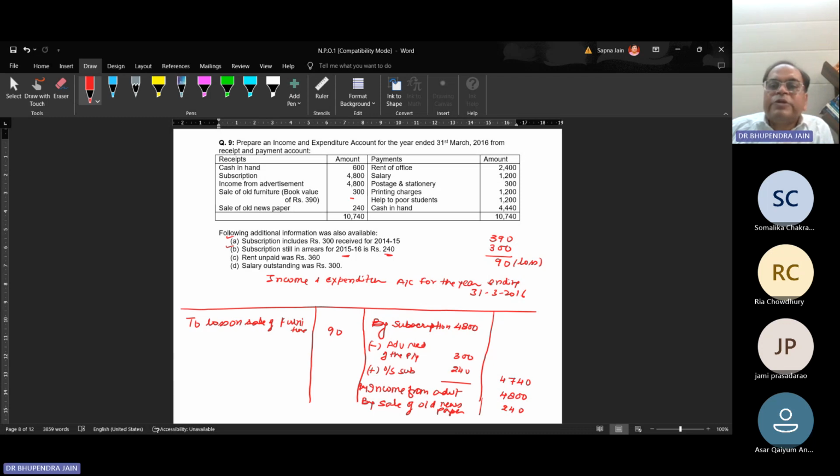Now let's see here. Rent of office 2400. Adjustment regarding rent of office is given. Rent unpaid was rupees 360. What will we write here? To rent 2400, and rent was unpaid. Plus or minus?